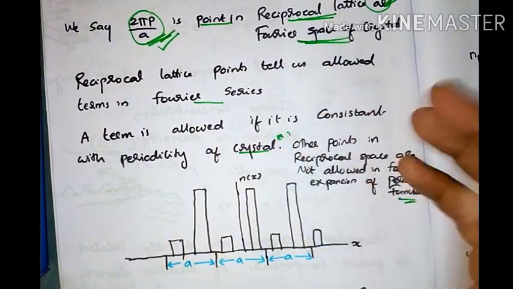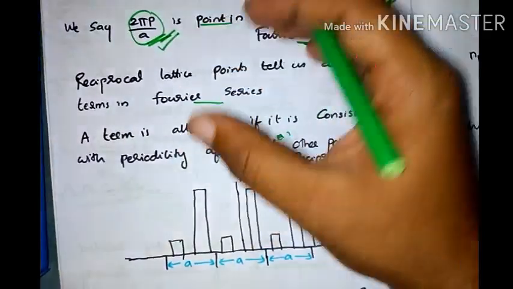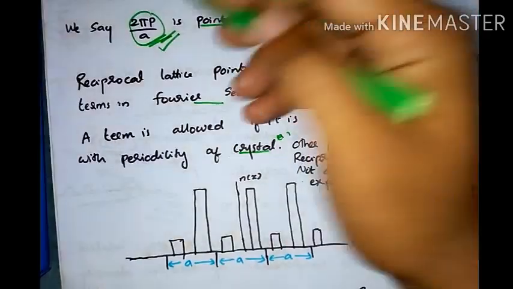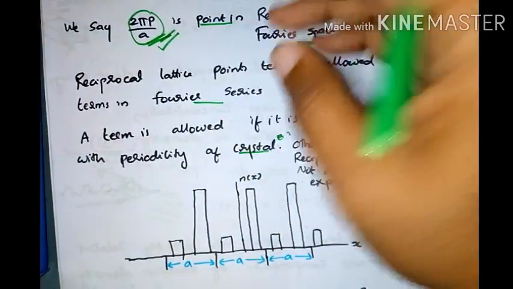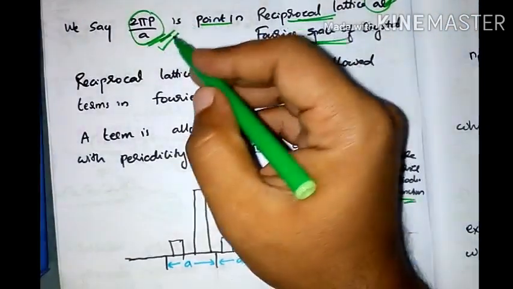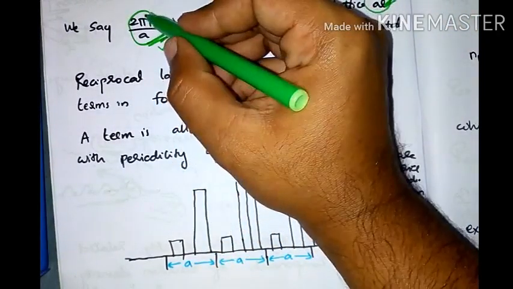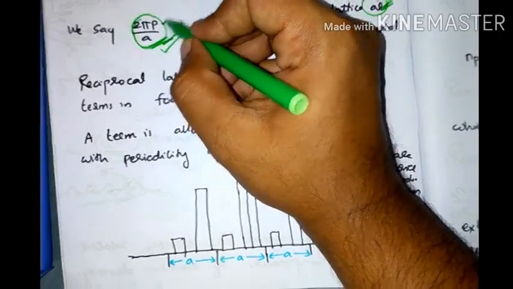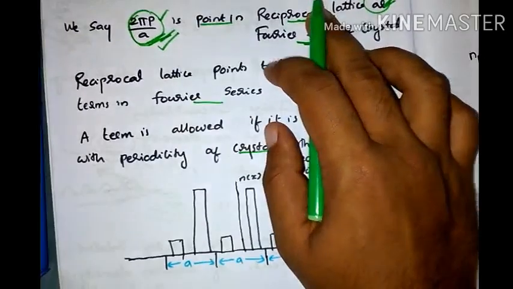So we have some sine waves to take and some sine waves to ignore. The sine waves that we have to take are given by this 2 pi p by a term, and it is a reciprocal lattice term.